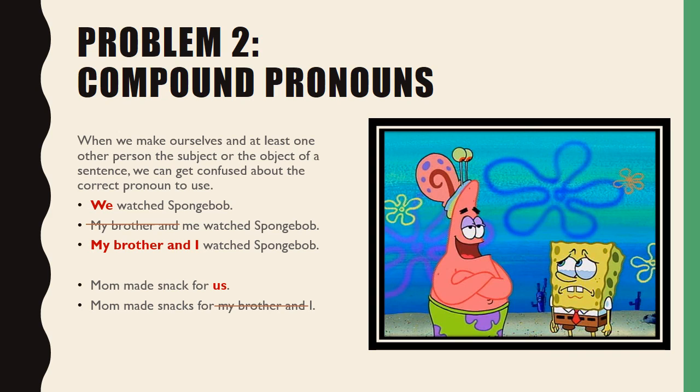And so if we do have this compound pronoun, then we need to clarify. Then we clarify it more properly like this: "Mom made snacks for my brother and me." Because if we take "my brother and" out of that sentence, then we're left with the sentence, "Mom made snacks for me," which sounds right.